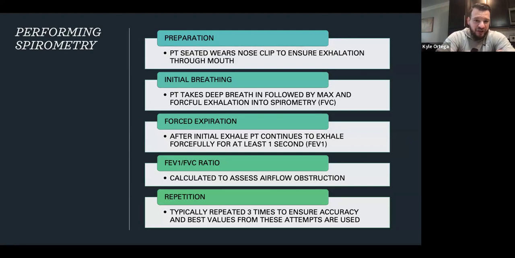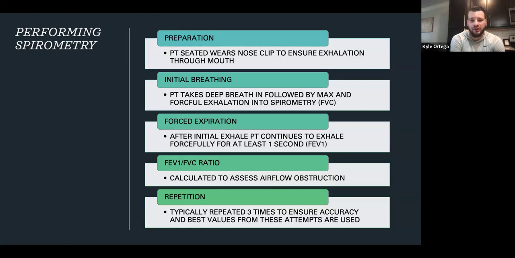And for that forced expiration after your initial exhale, the patient's going to continue to exhale forcefully for at least 1 second, which is how we get that FEV1 measurement. So then we get that FEV1/FVC ratio. It's going to be calculated to assess airflow obstruction.